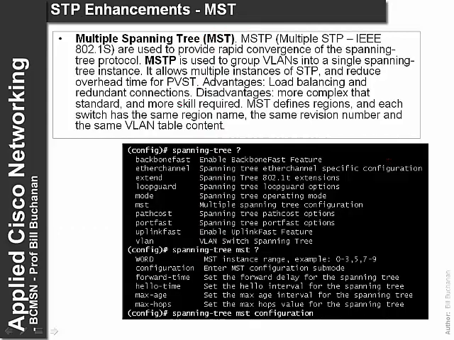Another enhancement is Multiple Spanning Tree, and again this is used to provide rapid convergence. It's typically used with multiple VLANs to be able to create a single spanning tree instance for the whole network.